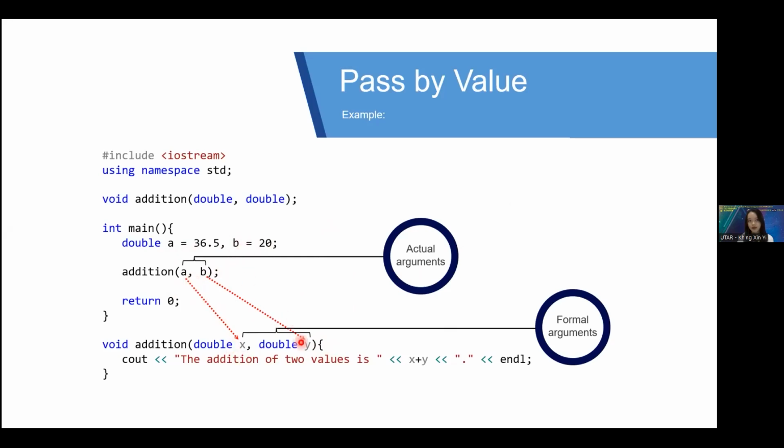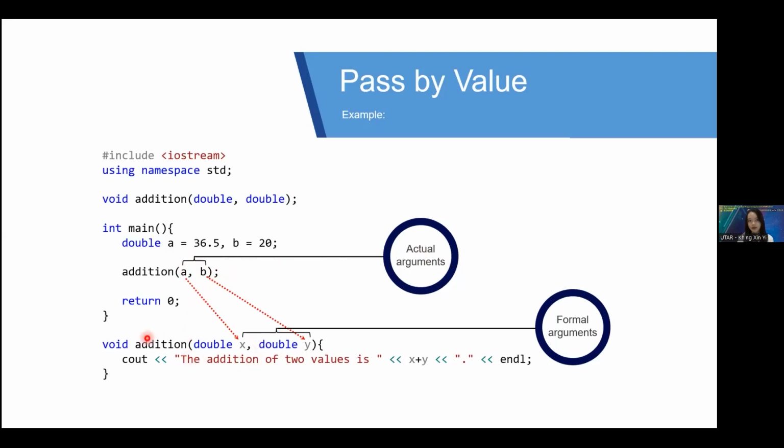So there are 2 new concept names here that I want you to remember. The first one: A and B here are the 2 arguments that we want to pass down to the function. These are the 2 pieces of information I want to pass down to my function. So these 2 arguments we call the actual arguments. Their meaning is that these are the arguments that I'm going to pass down to the function, all right?